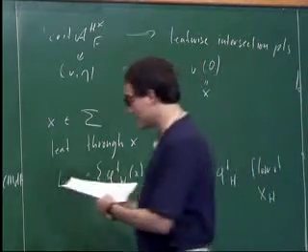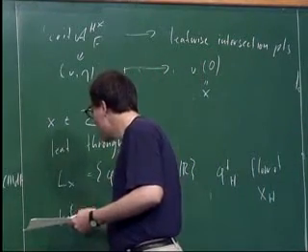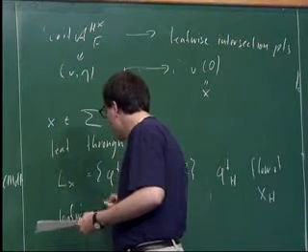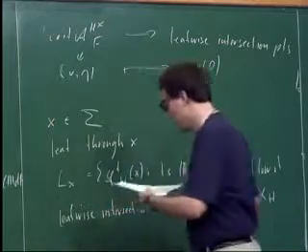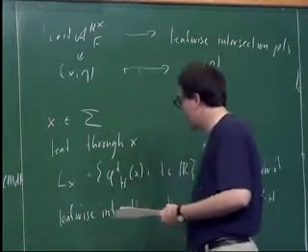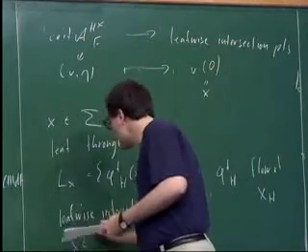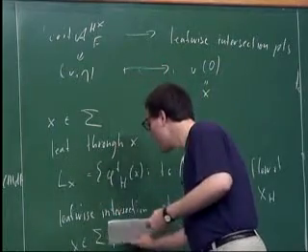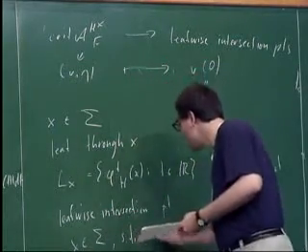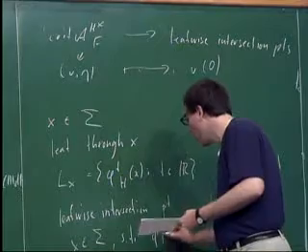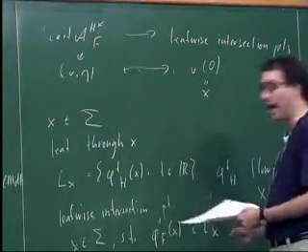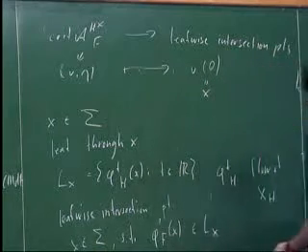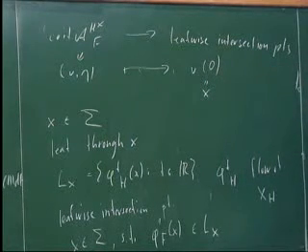And a leafwise intersection point is an x in Sigma such that the time 1 map of f applied to x again lies in the leaf of x.